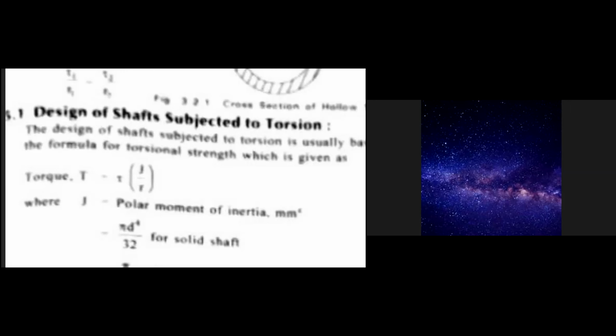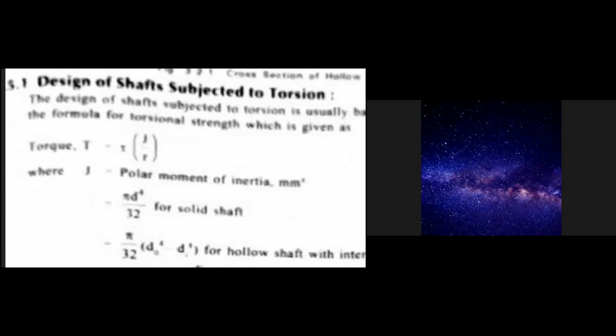So what is polar moment of inertia? The polar moment of inertia of a circular section is the moment of inertia of the circular section about the z axis, that is I_ZZ or J.